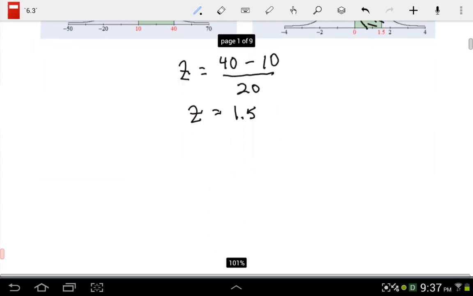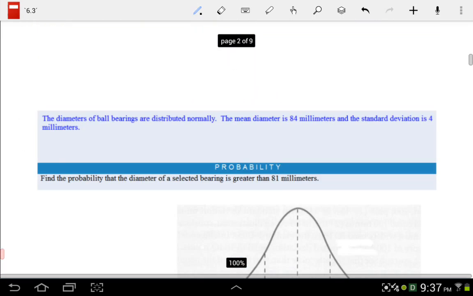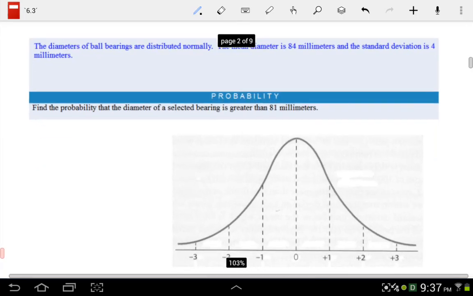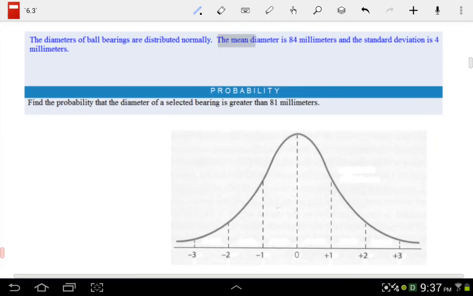Now let's look at some applications of this. This one says the diameters of ball bearings are distributed normally. The mean diameter is 84 millimeters and the standard deviation is 4.